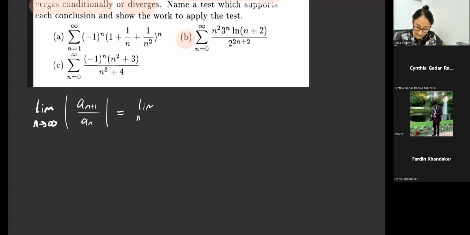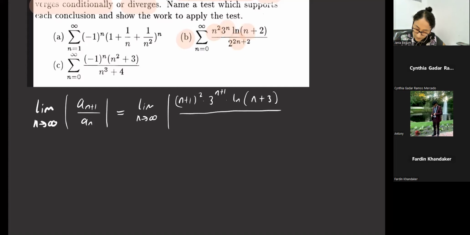If you substitute n plus 1 into n, you'll have n plus 1 squared times 3 to the n plus 1 times ln of n plus 1 plus 2, so that'll be n plus 3, all over 2 to the power of 2 times n plus 1 plus 2. So that's the n plus 1 term.